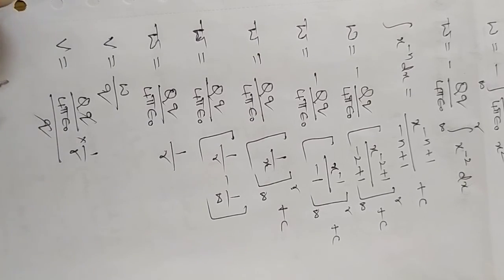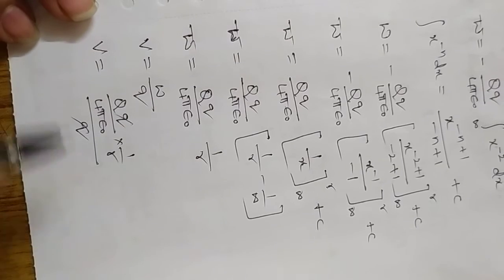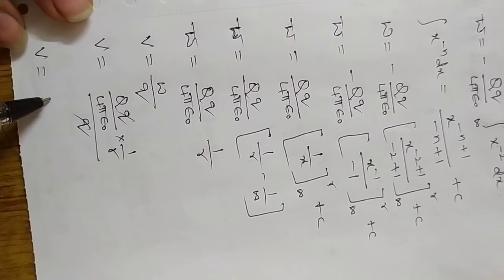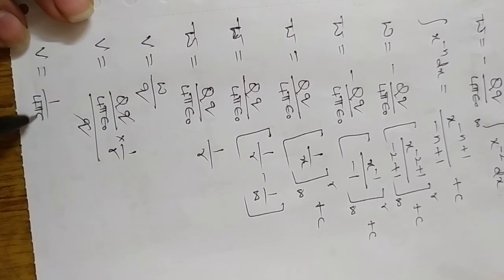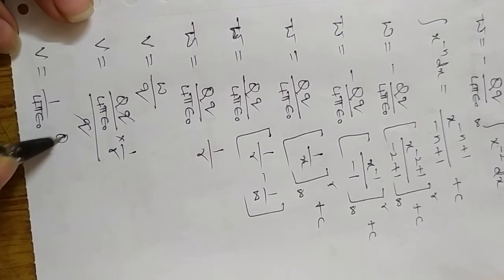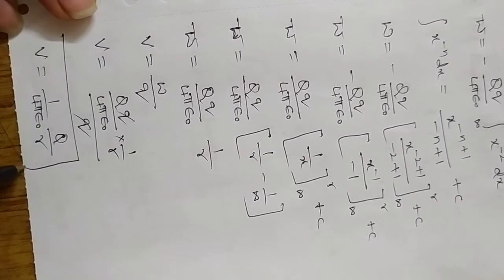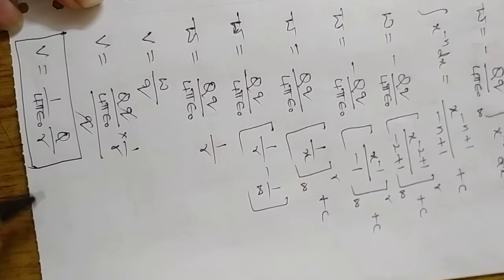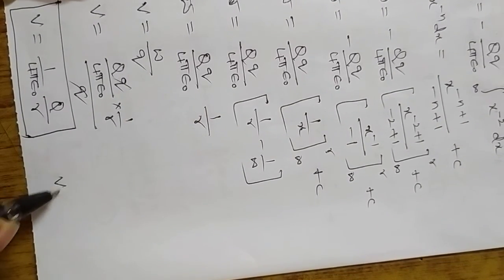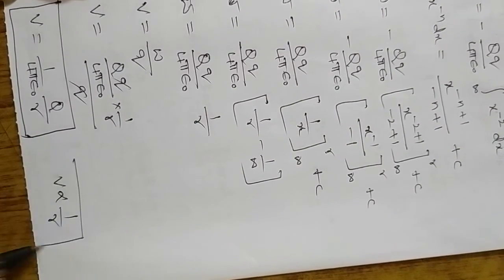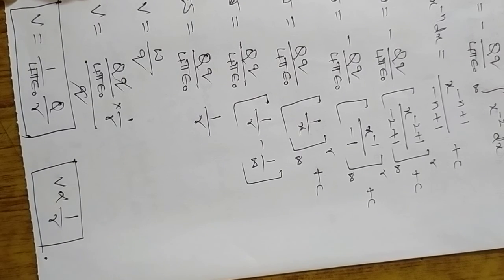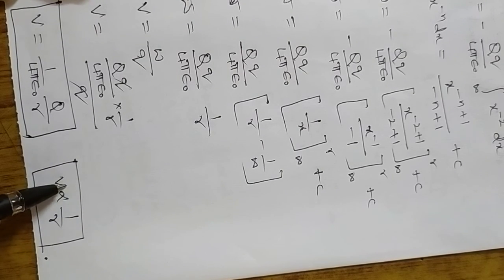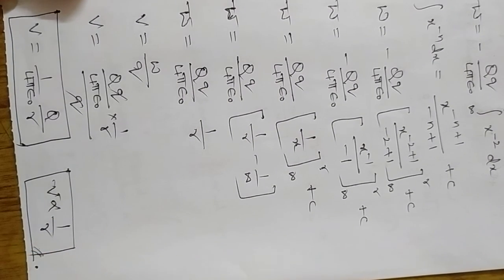So q and q get cancelled and the left out thing is V is equal to 1 by 4 pi epsilon naught into Q by r. So this is the electric potential at point P. By this equation you can write V is proportional to 1 by r. That means as the distance keeps on increasing, the potential keeps on decreasing. So this is regarding the derivation of electric potential due to a point charge.